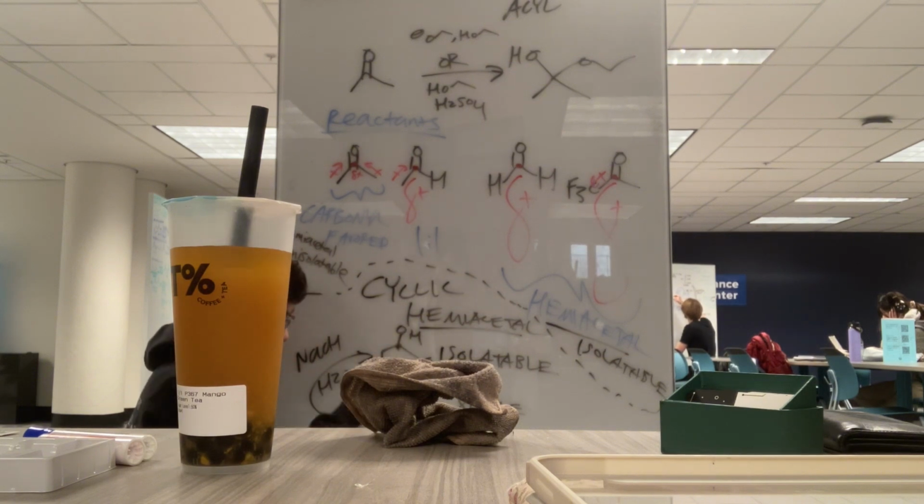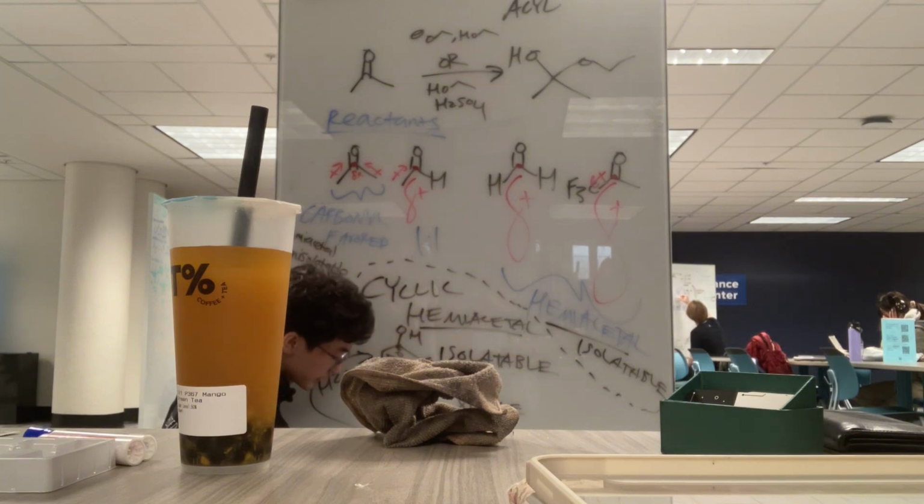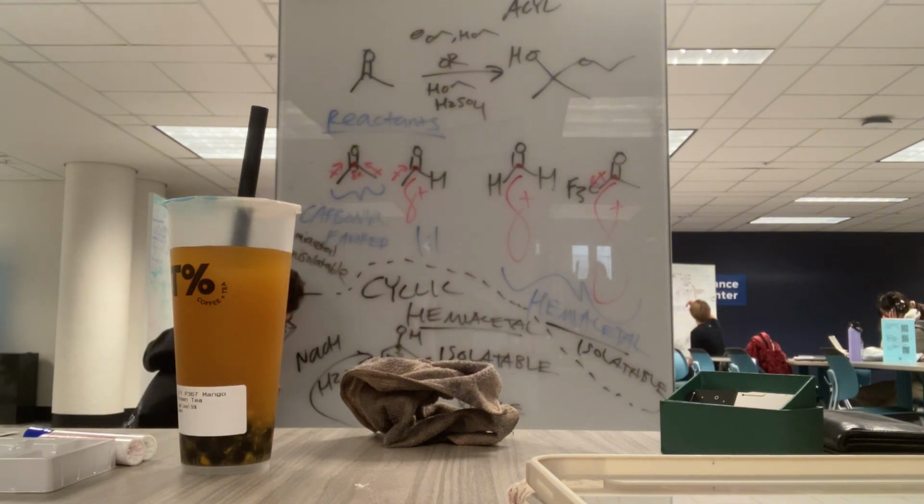And this right here is going to be isolatable because this is a cyclic hemiacetal, right? Like if this is atom 1, 2, 3, 4, 5, 6, that's this atom 1, 2, 3, 4, 5, 6 right there. And we're making a new bond between 1 and 6. That new bond is formed from when we deprotonate this OH to become O minus. O minus attacks 6 to create that new bond right there.